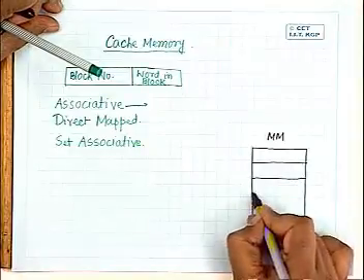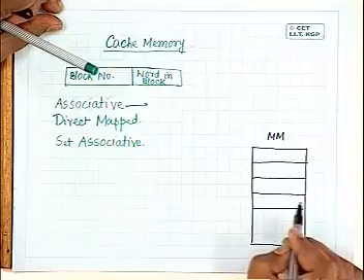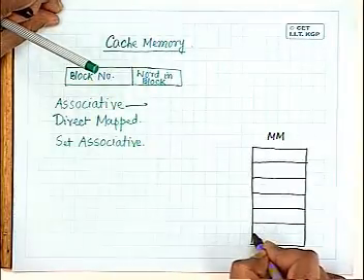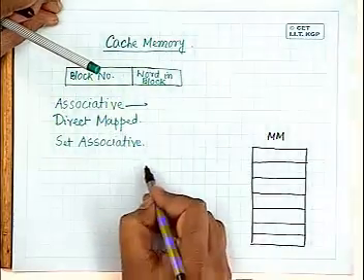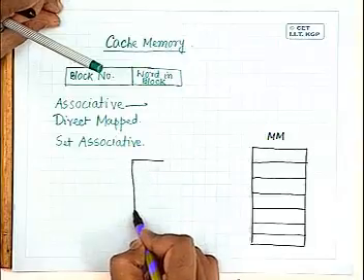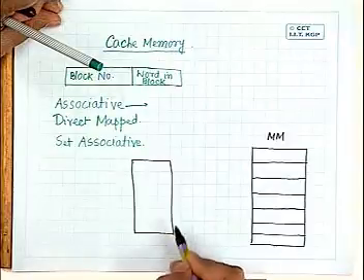Maybe these blocks are superimposed on the paging, that means every page can be divided into a number of blocks. When you come to cache memory, the cache memory also contains a number of blocks of the same size.